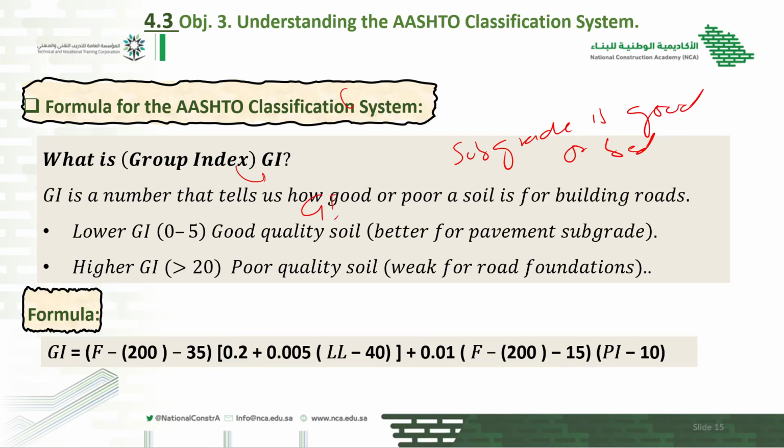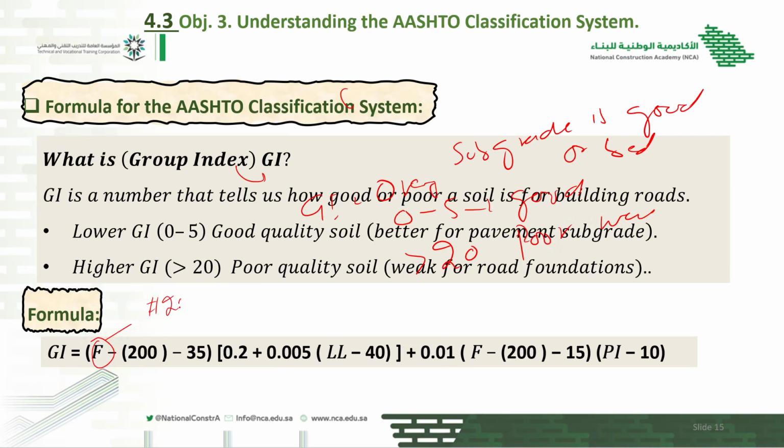If the GI value is equal to 0, it is considered a very good subgrade. From 0 to 5, it is considered a good subgrade. If it is more than 20, it is called a poor or weak subgrade.